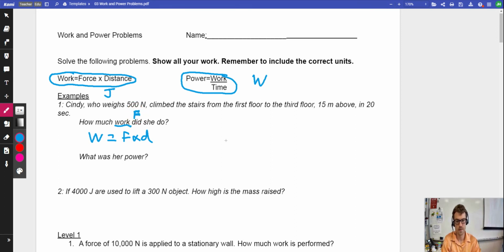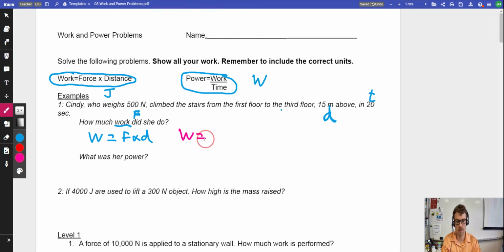Climbed the stairs, 15 meters above. Okay, here is our distance, and then in 20 seconds, this is time. So we don't need time for this. What we need to be focusing on are the force and the distance.